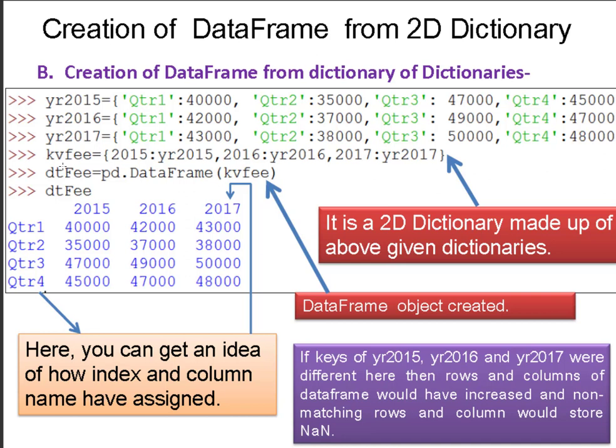In the previous example, we converted a dictionary into the data frame, but in this example we converted more than one dictionary into a data frame. So you all note down this example in your notebook.